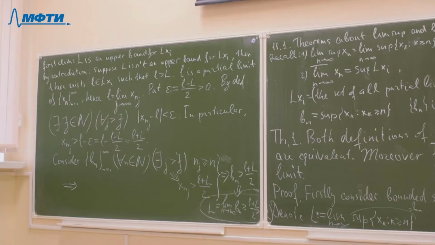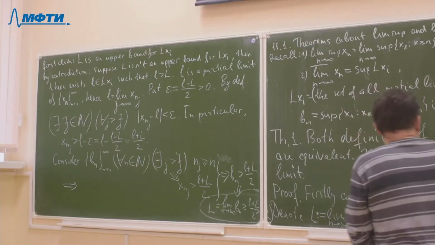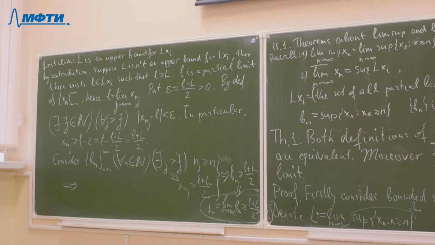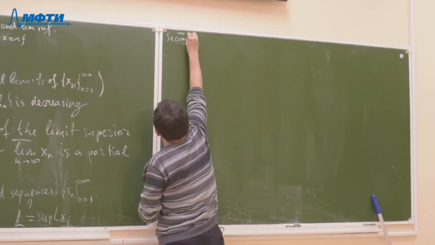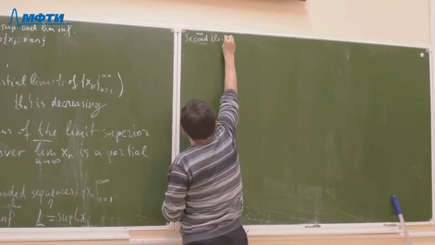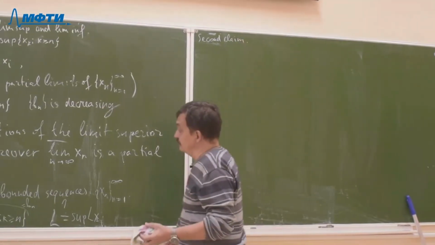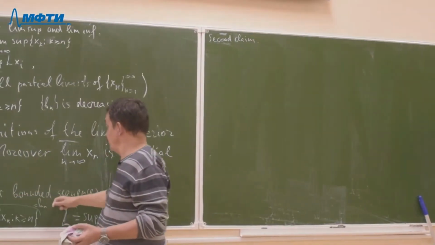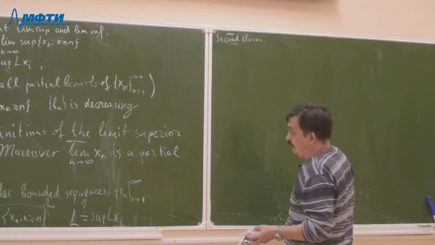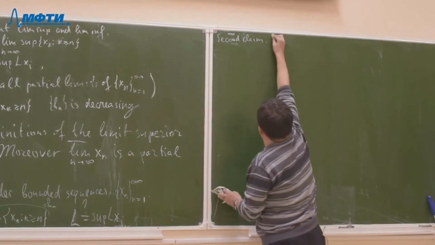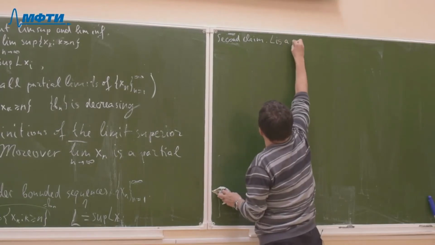So now it means that we need to prove the second claim, and in fact it finishes the proof for bounded sequences. L is a partial limit.